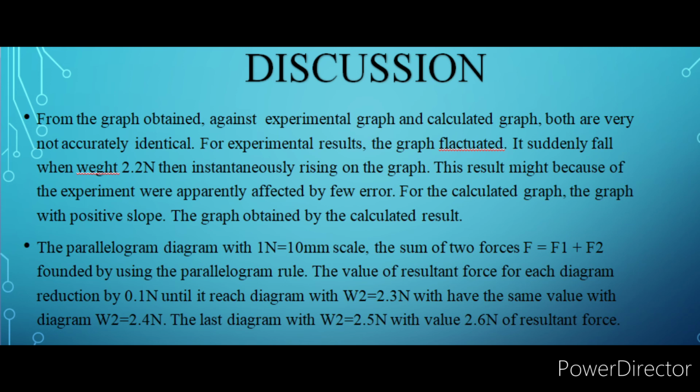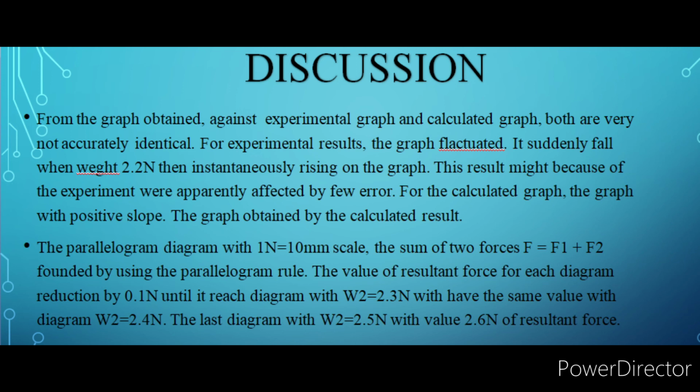B. The parallelogram diagram with one end equal to a 10 mm scale, the sum of two forces F equal to F1 plus F2, is found by using the parallelogram rule.